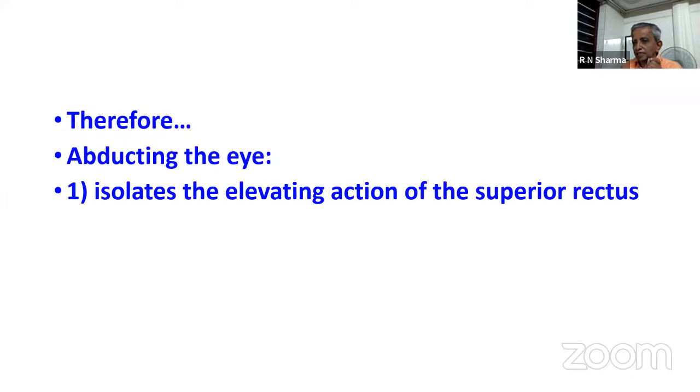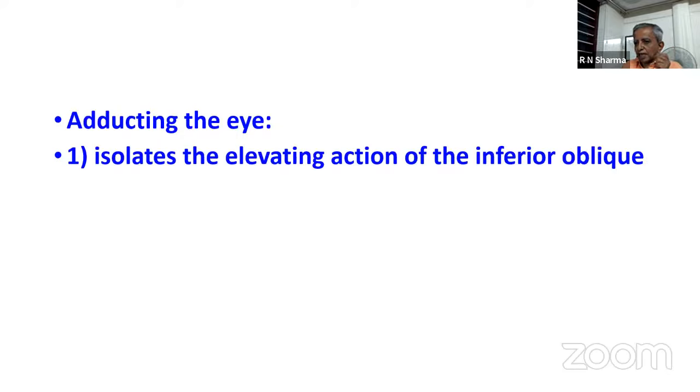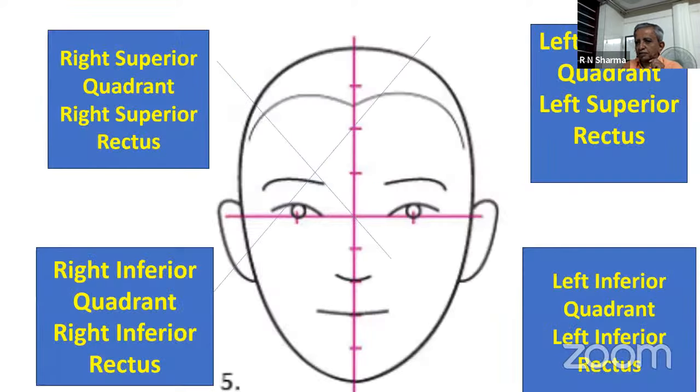Therefore, abducting the eye isolates the elevating action of the superior rectus and the depressing action of the inferior rectus. Adducting the eye isolates the elevating action of the inferior oblique and the depressing action of the superior oblique.